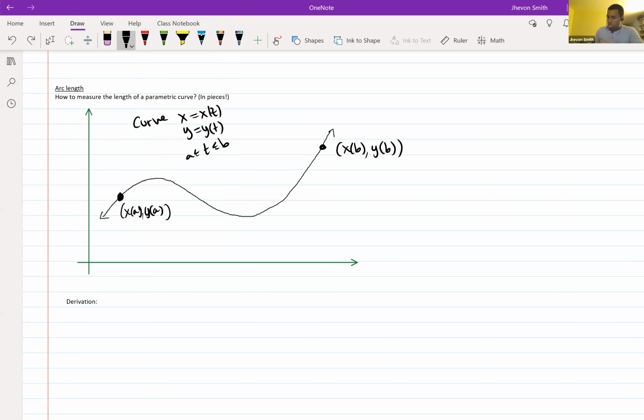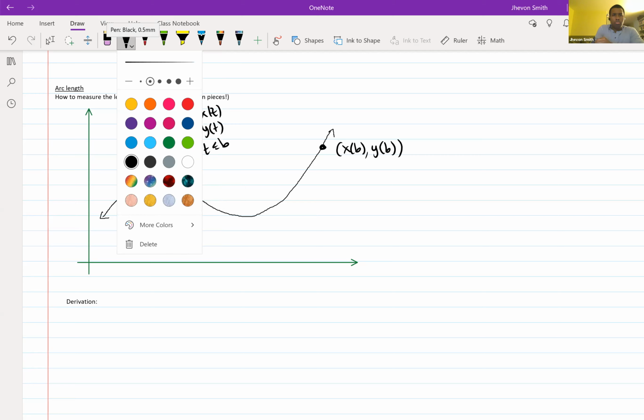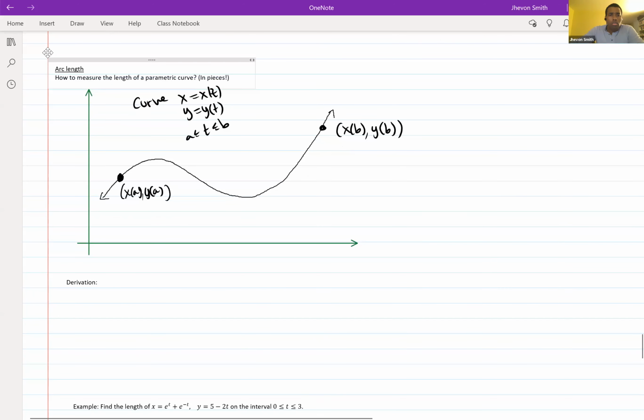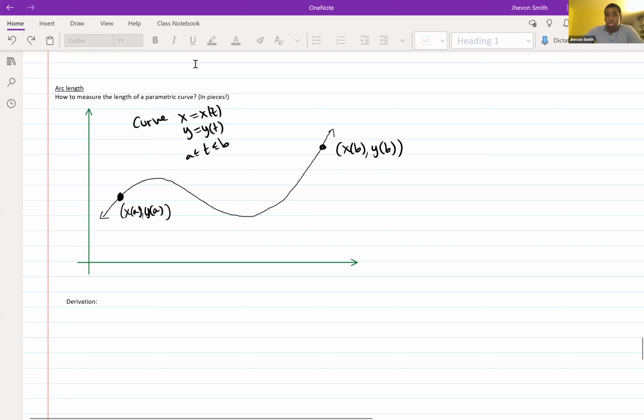Why is it stuck on that thing? Okay. I have no idea what's going on here. Let me stop sharing and then reshare. See if that helps.